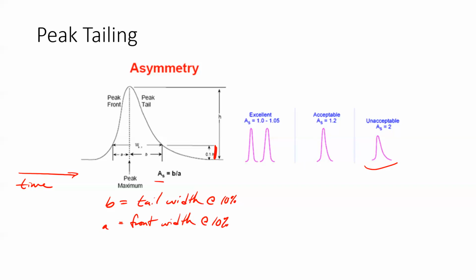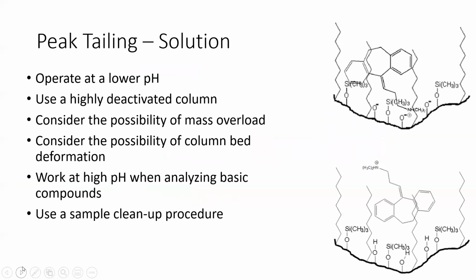And so what are the things that can lead to this? The biggest issue is that, obviously, some of our analyte is hanging on to the stationary phase longer than the rest of our analyte. And there are a few reasons for that.